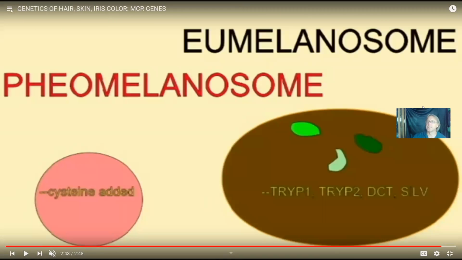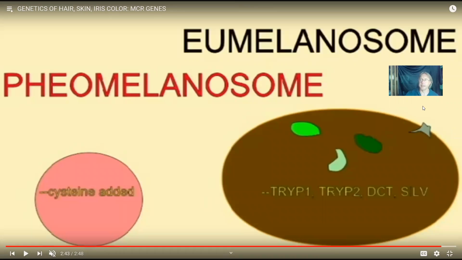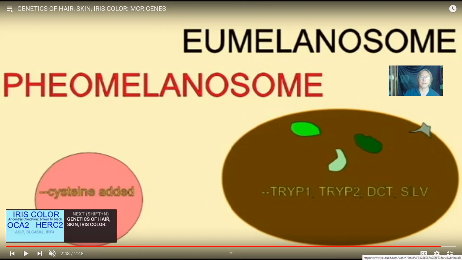And then there are still others that might affect the pH of a melanosome, which could affect how much melanin could be produced, or ions in melanosomes, etc., or the amount of cysteine added in the melanin, which would potentially make it lighter in color. And so there are a number of genes which are potentially involved here.